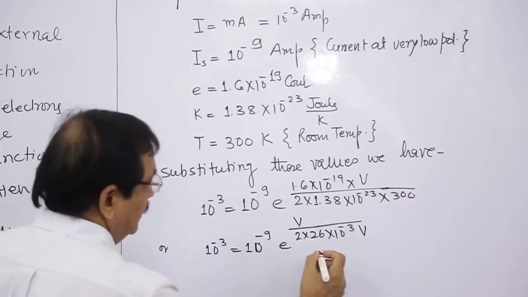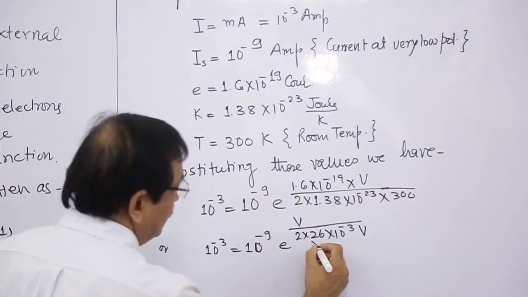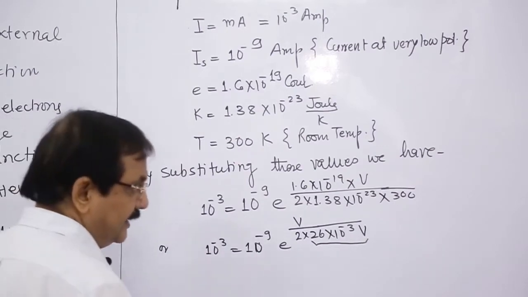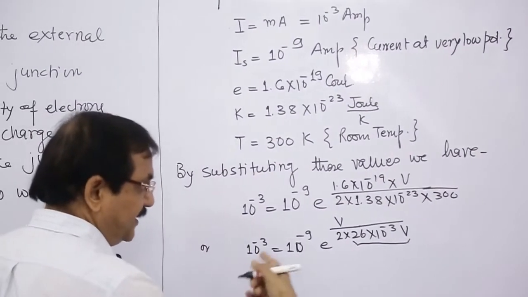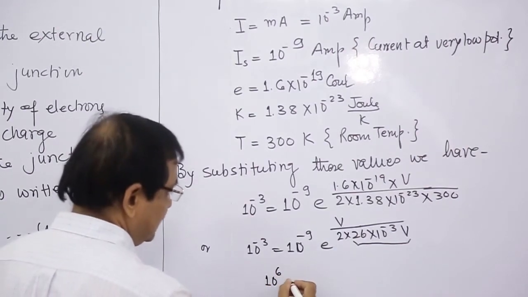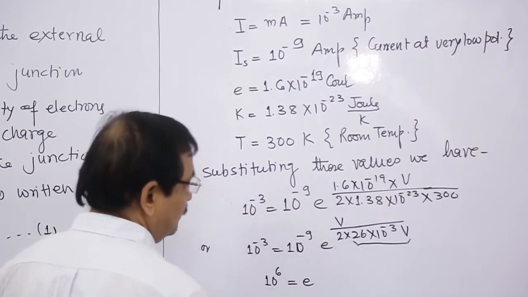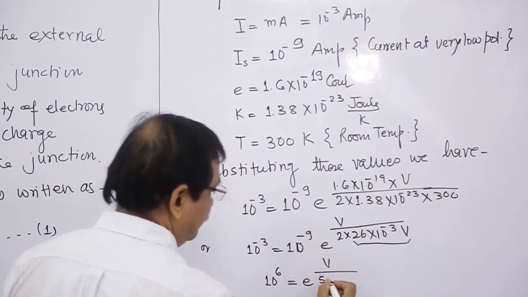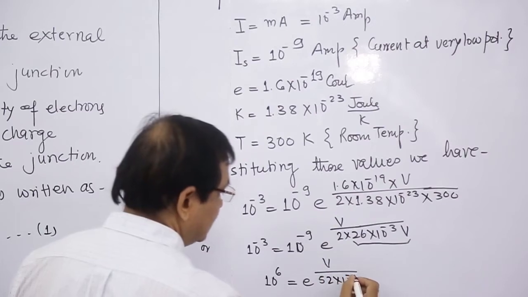We will see this value later on. We have 10 to the power 6 is equal to e raised to the power V upon 52 into 10 to the power minus 3.